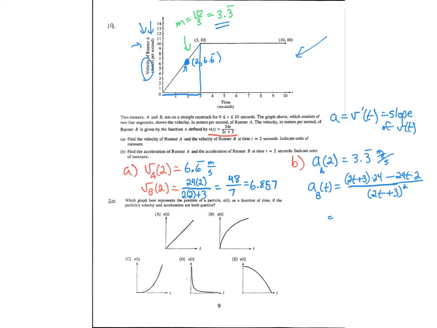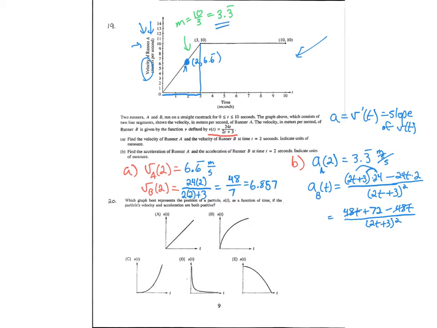If we were to simplify that out, we'd end up with 48t plus 72 minus 48t, all over 2t plus 3 squared. And those 48t's are going to cancel out.